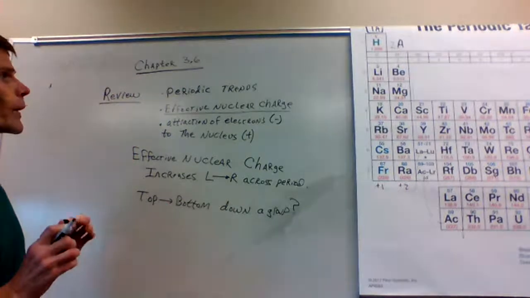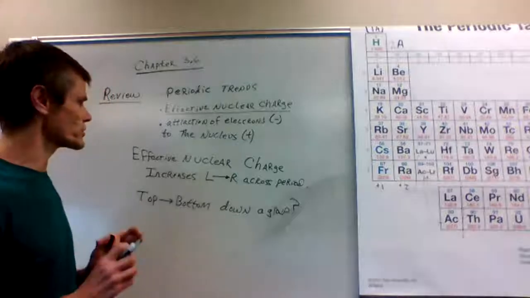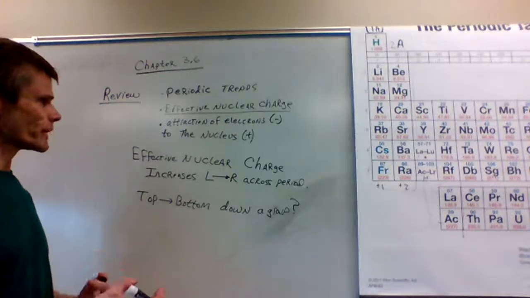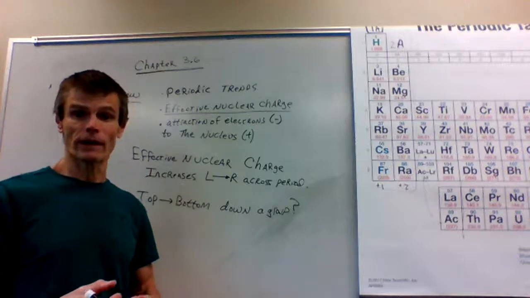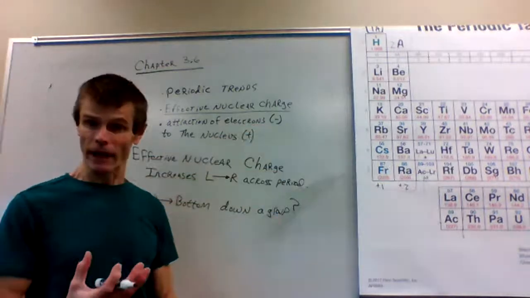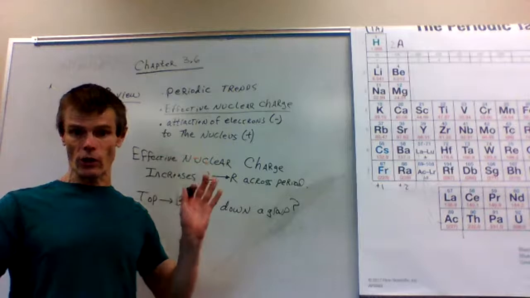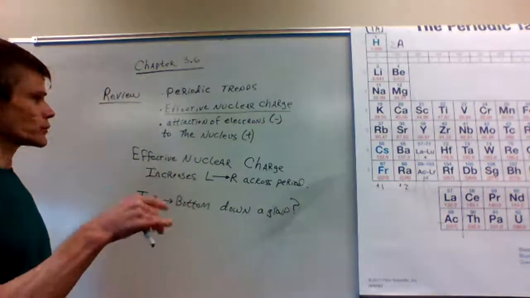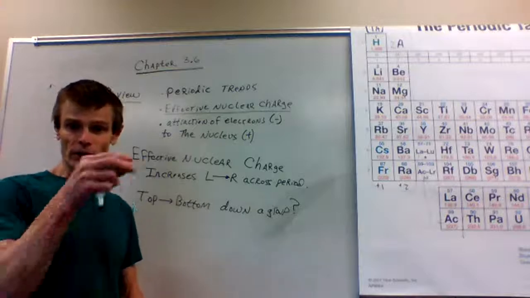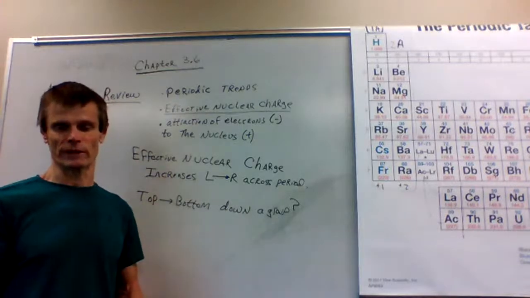Simply, effective nuclear charge can be described as the attraction of our negatively charged electrons, which, as you recall, are situated away from our nucleus, to that positively charged nucleus.